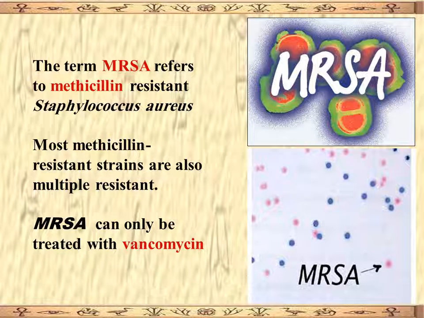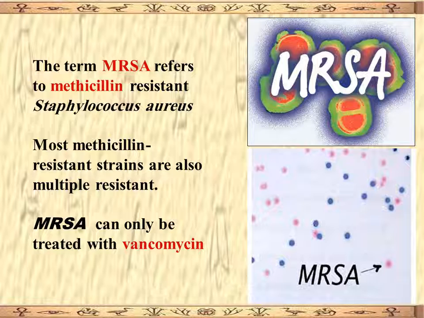What is MRSA? It's a type of staphylococci that is highly resistant to antibiotics. You know that due to the misuse of antibiotics, different strains of bacteria developed that are resistant to antibiotics. One of these strains is methicillin-resistant Staphylococcus aureus.